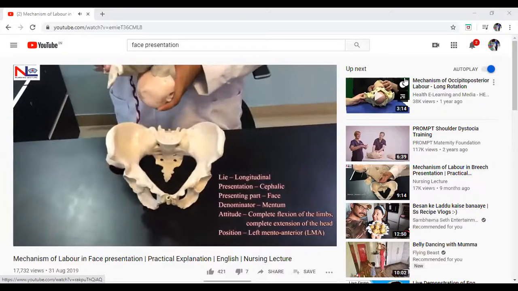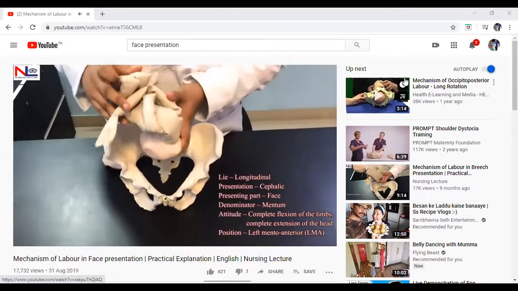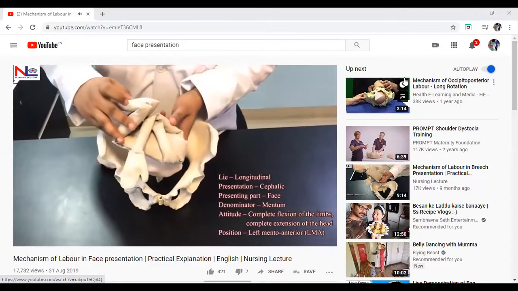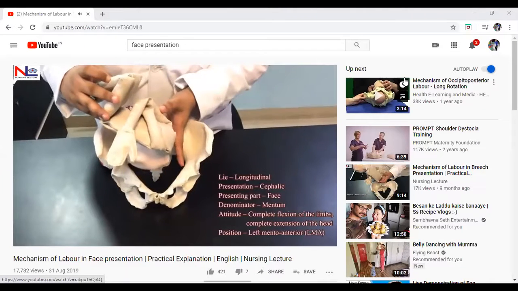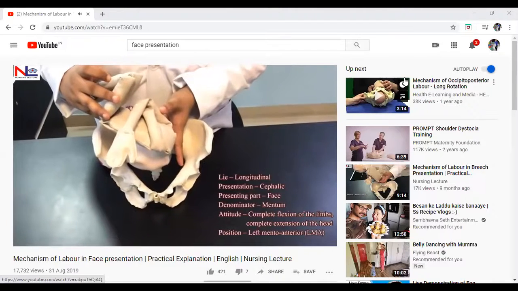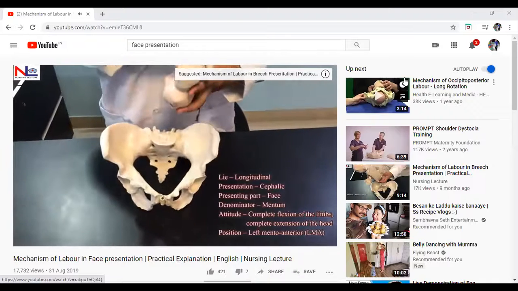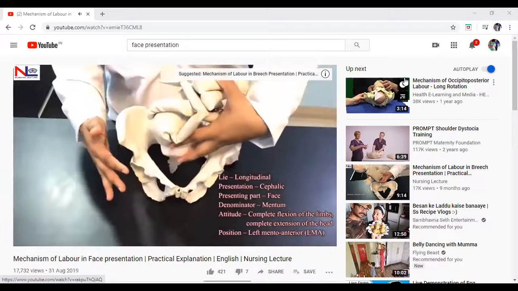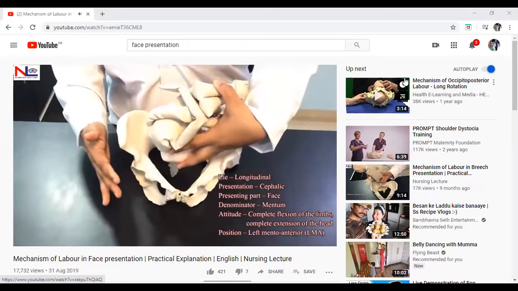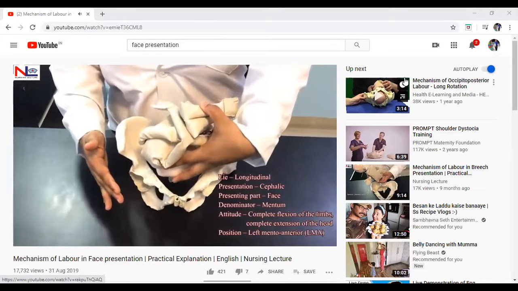And the third, which is the commonest position in the mentum, is left mento-anterior, in which the mentum is directed toward the left side of the iliopectineal eminence. And the fourth one is right mento-anterior, so the mentum is directed toward the right side of the iliopectineal eminence.